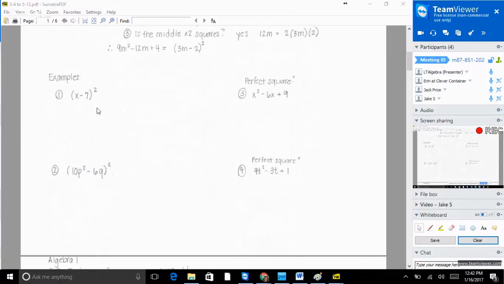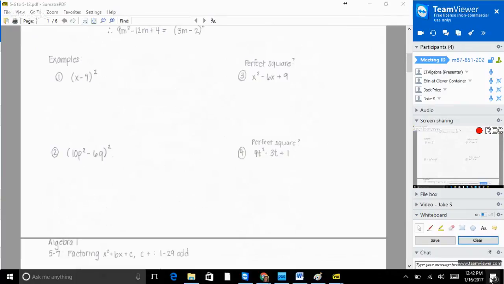Well, the first thing is we have x minus 7 squared, and we want to be able to simplify that. This looks a little bit different than our standard equations that we've been working on, but we can use the same processes we've used in the past to solve this. So what does x minus 7 squared actually mean?